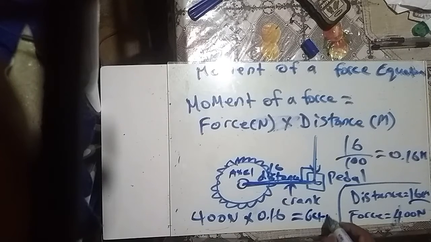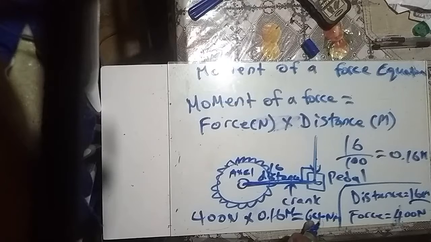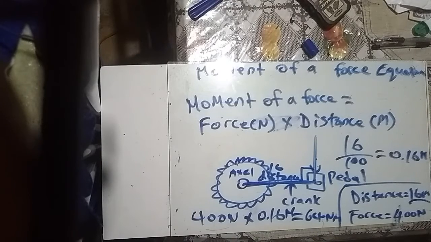You can do that on a calculator, see if sir is wrong. 64 Newton meter, Newton times meter. So that is another very good question which I like, and this one shows how the 90-degree angle comes in. It was also 90 degrees on the door, but I did not show that one.